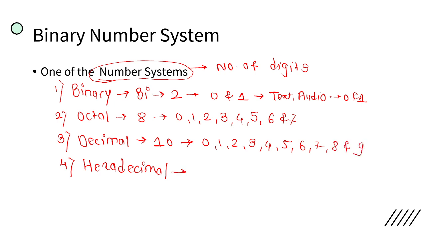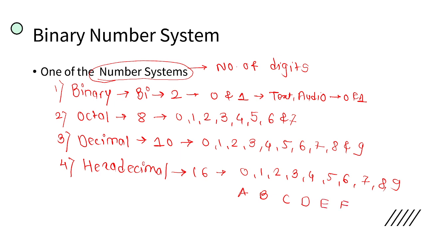Similarly, the hexadecimal number system uses 16 digits or characters to represent data or a number, and those are 0, 1, 2, 3, 4, 5, 6, 7, 8, 9 and A, B, C, D, E, F. One might ask, after the 9, what are these? These are also a part of the hexadecimal number system.